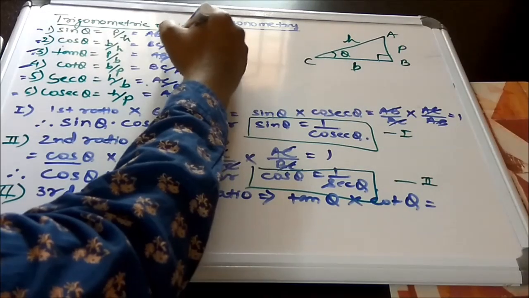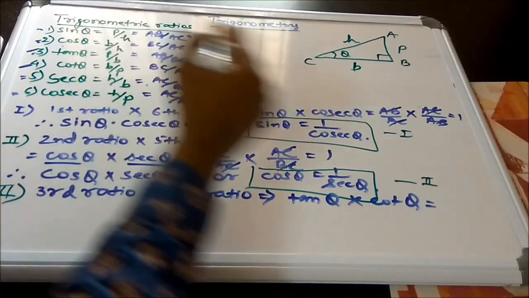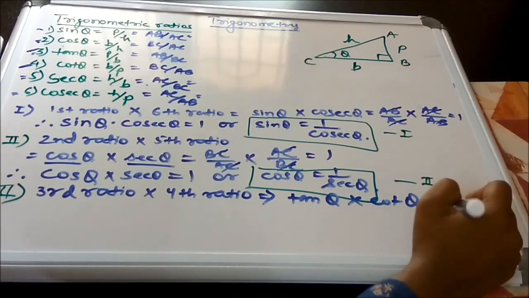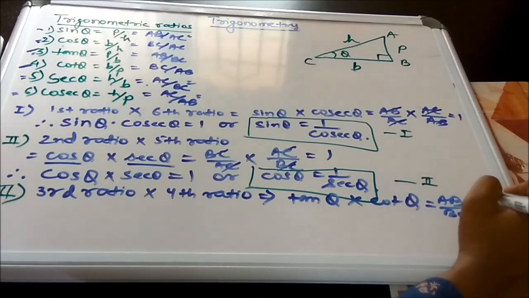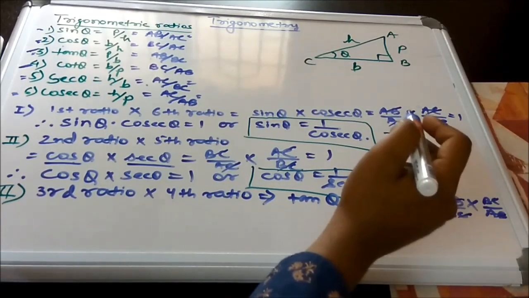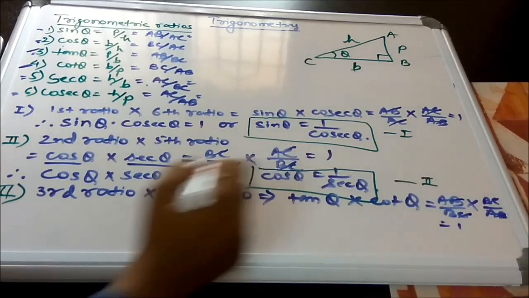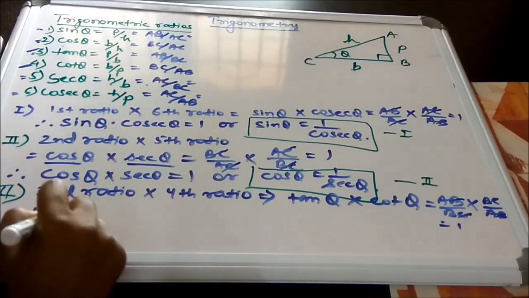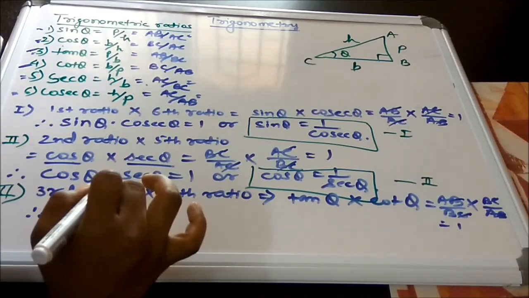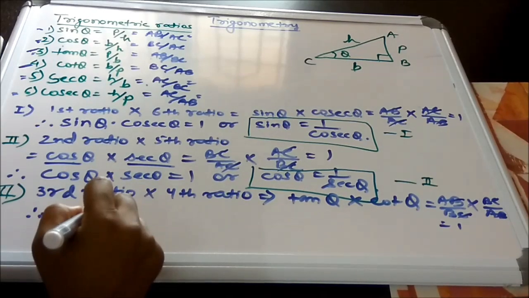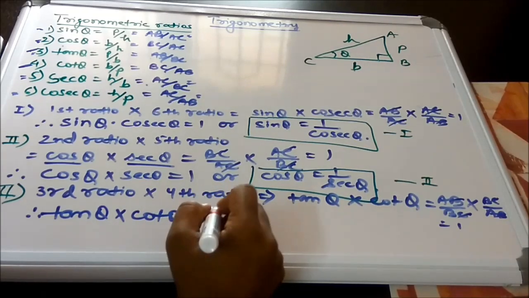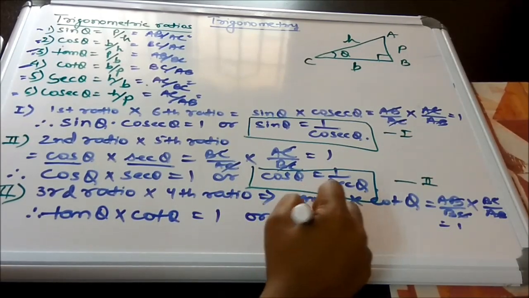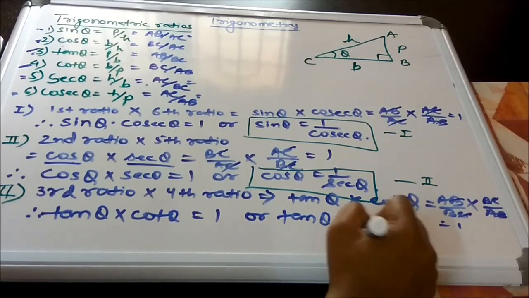What is tan theta? AB by BC. We can take it from third equation. What is cot theta? We can take it from fourth equation, BC by AB. AB and BC got cancelled, so what is left? 1. Therefore, we have just now derived our third trigonometric relationship between the ratios. Tan theta into cot theta equals 1, or in other words, tan theta equals 1 by cot theta.